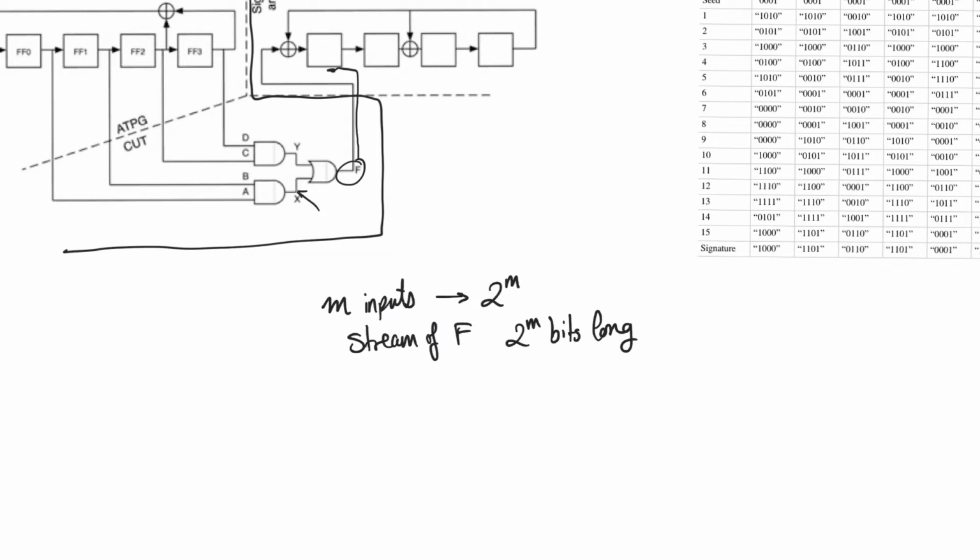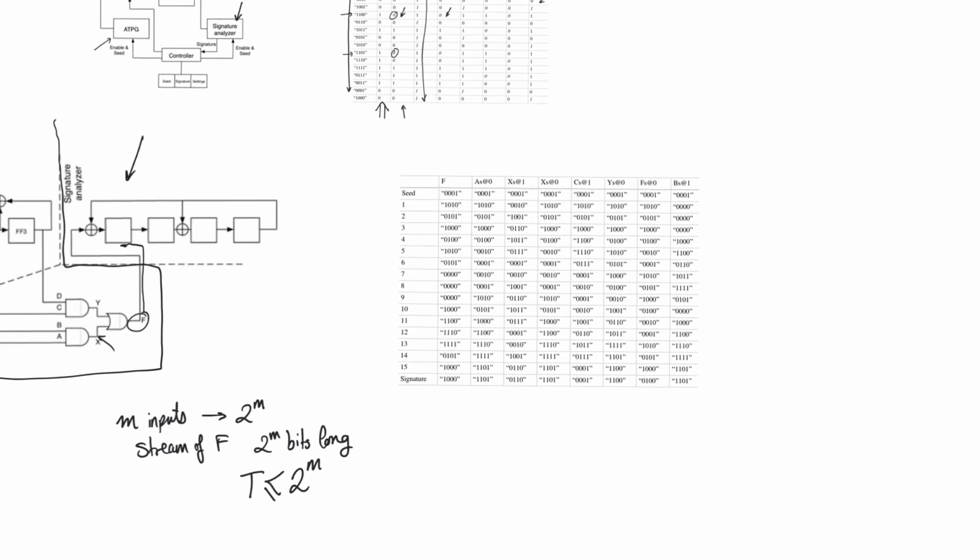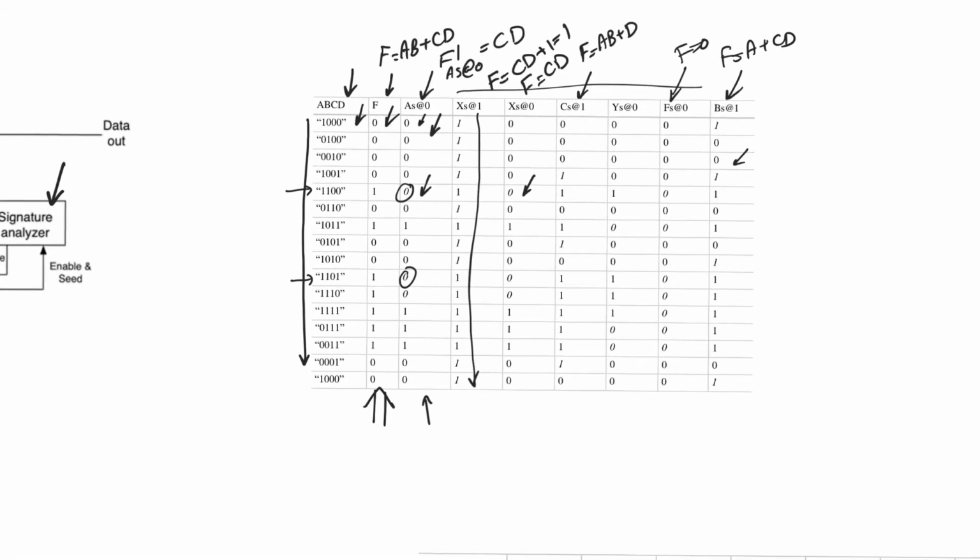So again, with good test fault coverage, we don't need to observe the entire sequence of 2 to the power of M bits coming out of the CLB or the circuit under test. Instead, we observe a set T, which is smaller than or equal to 2 to the power of M. If we have a well-designed test, which is the case here, then we should have a much shorter sequence that we need to observe.